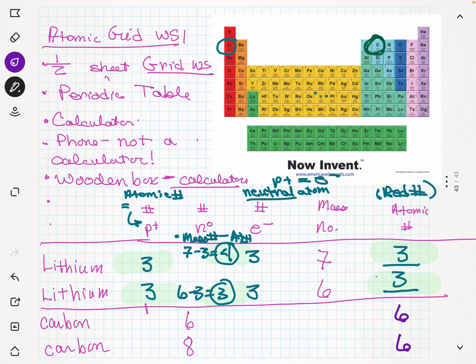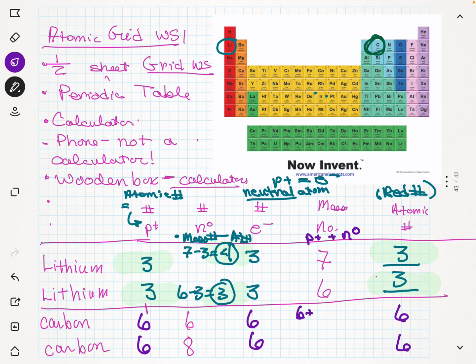6 and 6. Atomic number is always equal to protons, and electrons are always equal to these. So please notice that protons, electrons, and atomic number will always be the same. To find the mass number, it will equal the number of protons plus the number of neutrons.